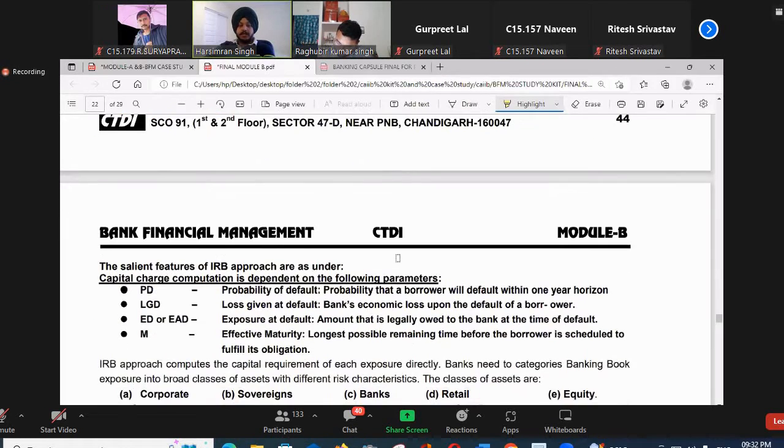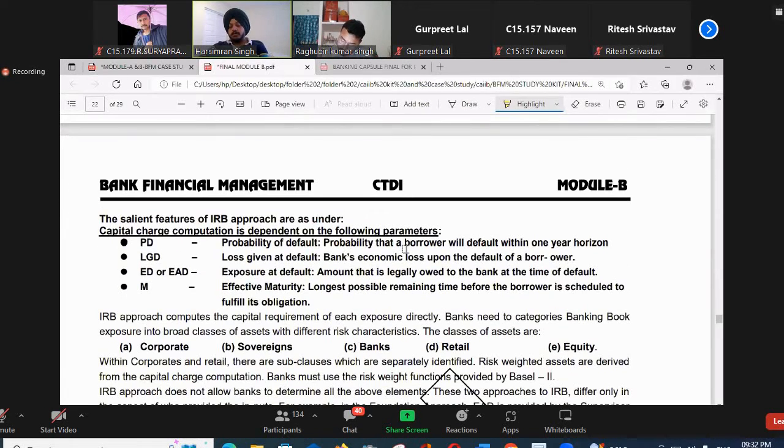Now इसमें ना there are 4 definitions or concepts that you have to understand. The capital charge computation is dependent on 4 parameters.